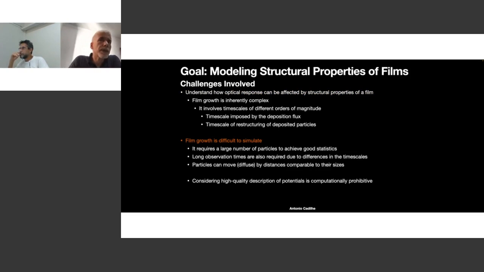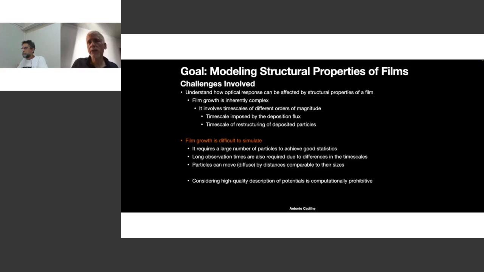Film growth is difficult because it also requires a large number of particles to obtain good statistics, and long observation times due to what I just talked about, long time scales for the slowest process.